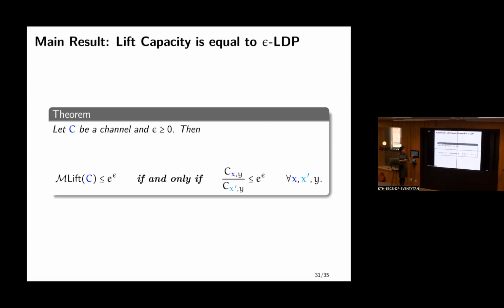Okay, so these two are equivalent, and this side has an operational meaning in the sense of achievability by an attacker with a particular prior and a particular gain function, right? So that is the whole thing coming together.